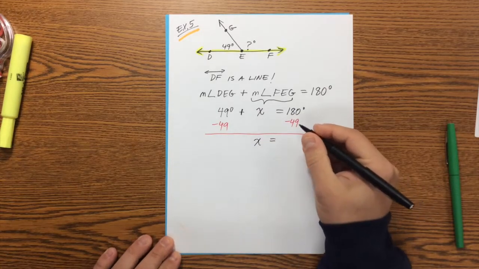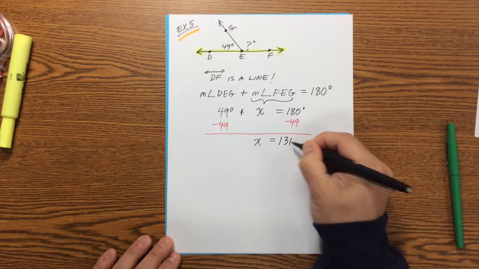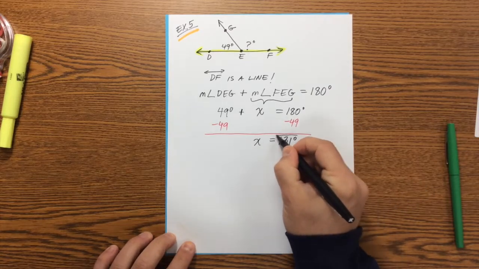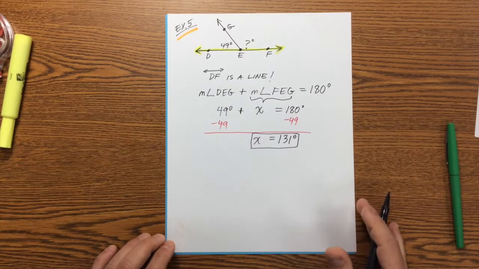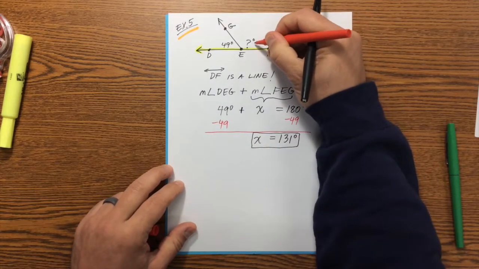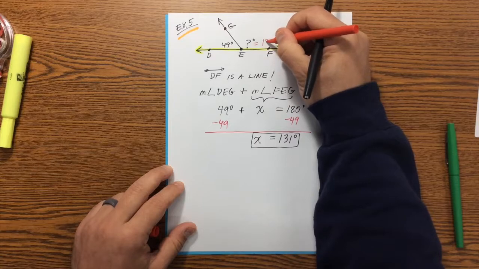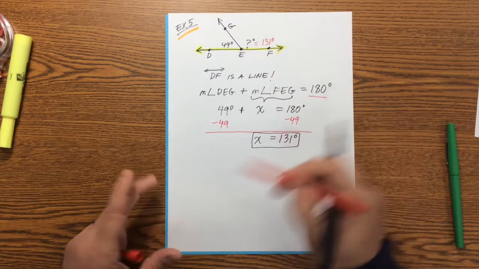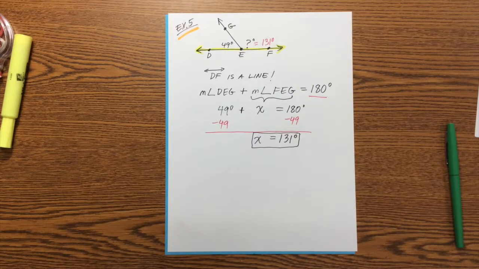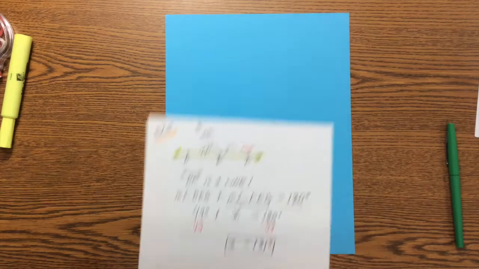And x is going to equal what, guys? 131? Is that correct? Again, half extra credit point for anyone who catches me making an error. So we know that the measure of this unknown angle is 131 because the sum of both of these has to equal 180. Okay? Last example, I promise.